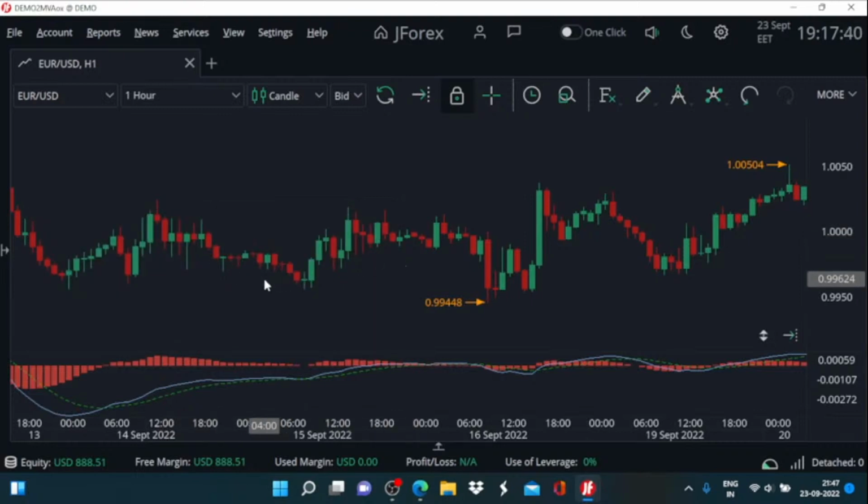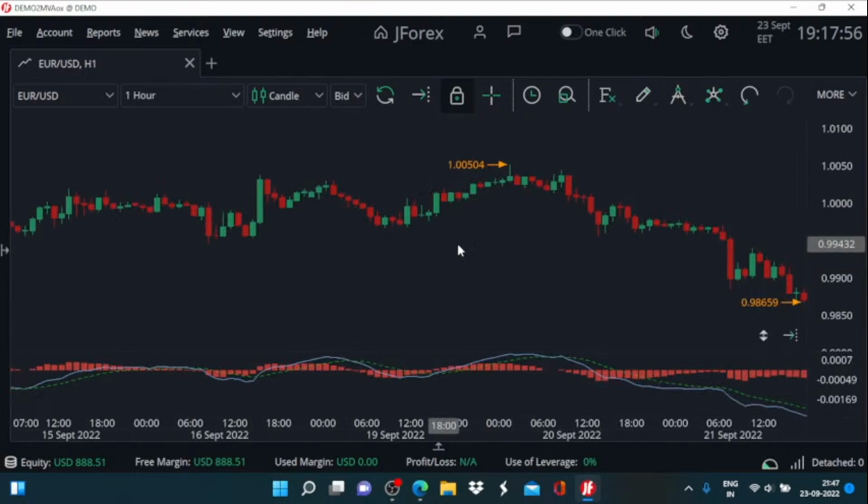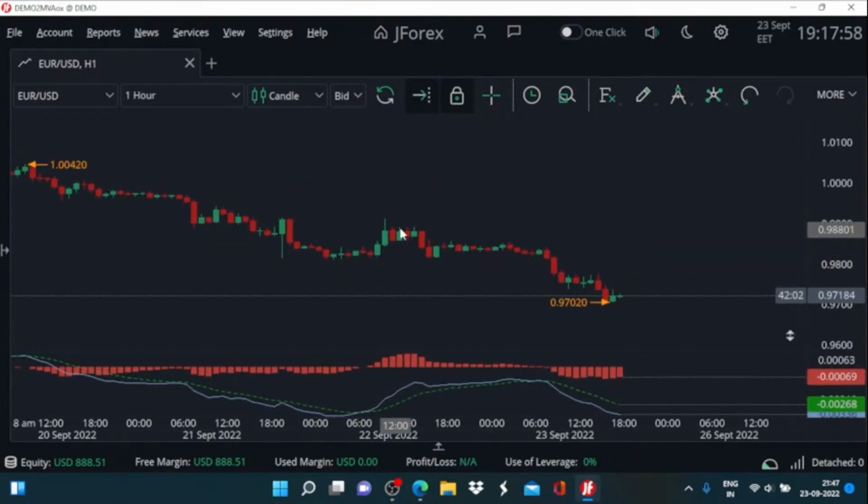So we have to get ready and wait for a new crossover to take place, which is going to give us a good idea on what side the new trend is likely to go for this instrument of our choice, the EUR/USD.